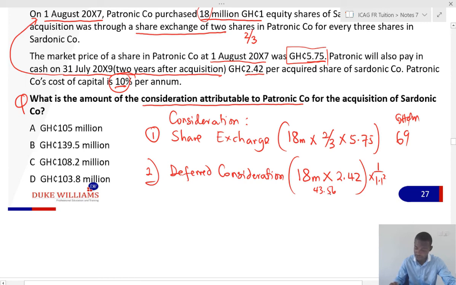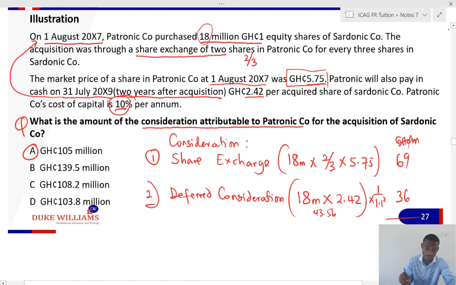So that times 43.56 gives us approximately 36 million. So the total will be 69 plus 36, that will be 105 million. So 105 million would be the consideration value, and that will be option A here. So take note of that.